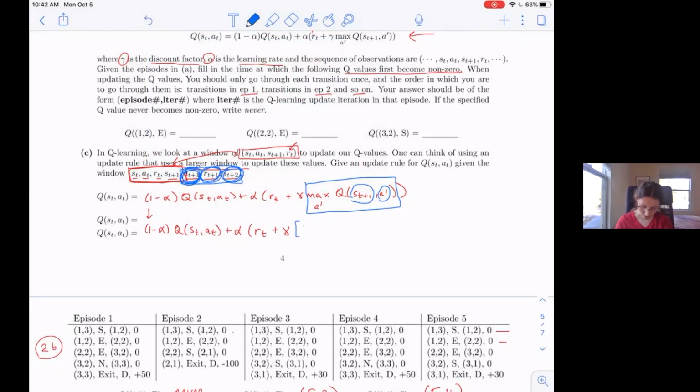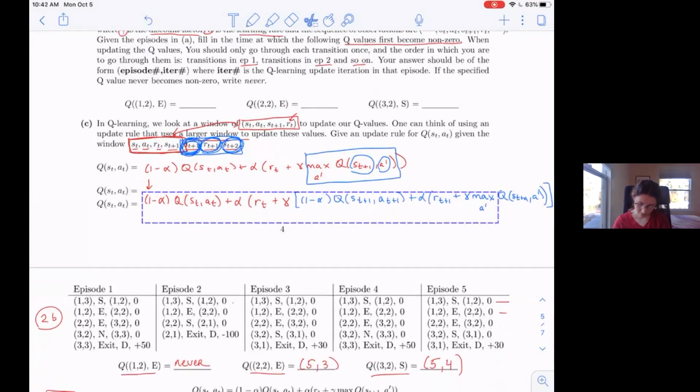So we do another (1 minus alpha) times the Q function of s_{t+1}, a_{t+1}, plus alpha times the reward at time t+1, plus gamma times the max over a prime of Q of s_{t+2}, a prime. I'm just going to move this over here.